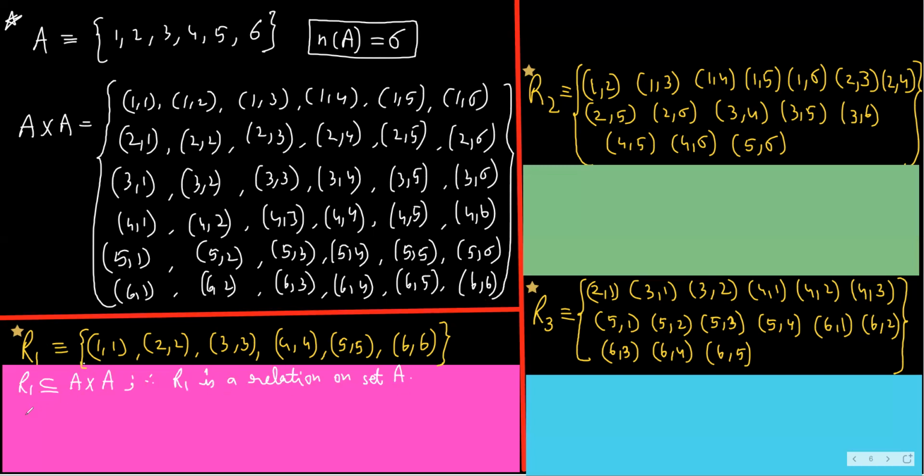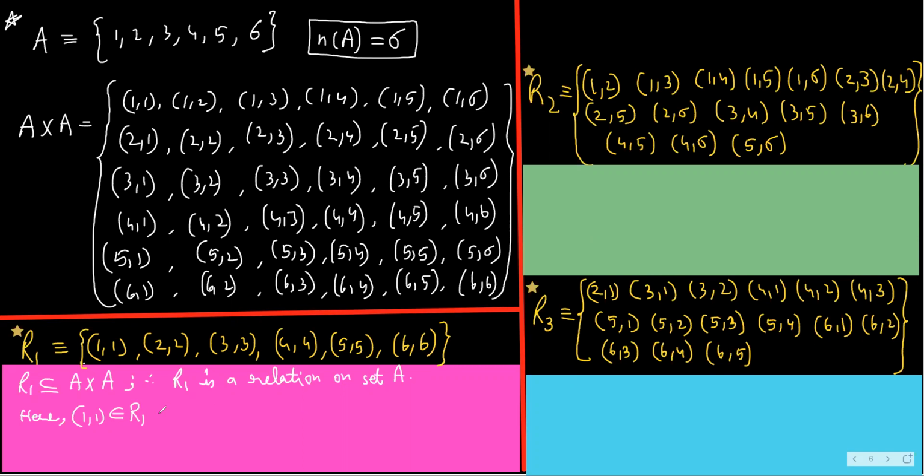Now I'm writing something very interesting. You all have to follow this, and this will make things more clear. See, (1, 1) belongs to R1. As (2, 2) belongs to R1, (3, 3) belongs to R1, all this.